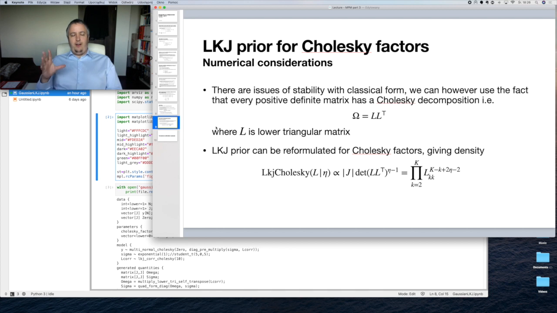Those matrices, while they have a certain structure, still have a problem that the condition numbers of those matrices can be very high. It is much easier to work on the Cholesky factors of those matrices. Every positive definite symmetric matrix has a so-called Cholesky decomposition.